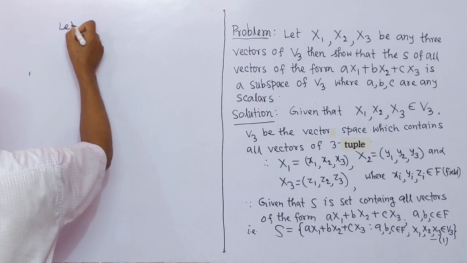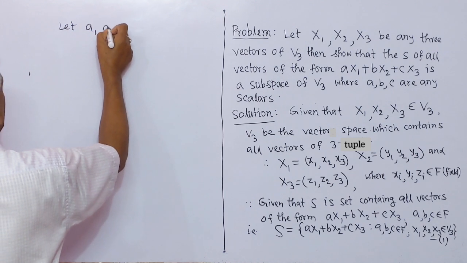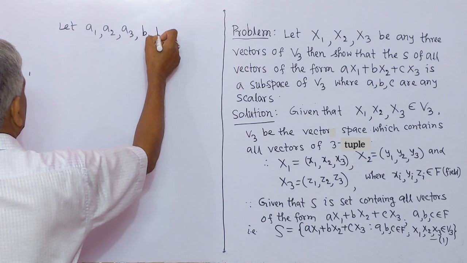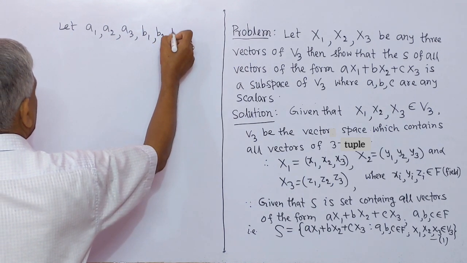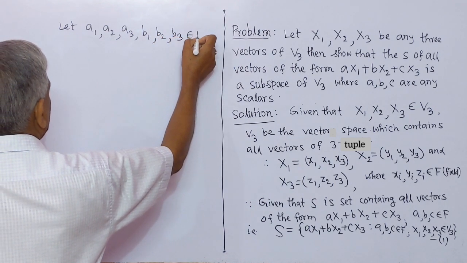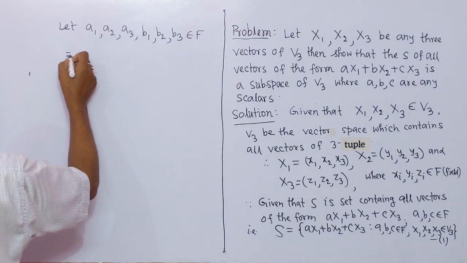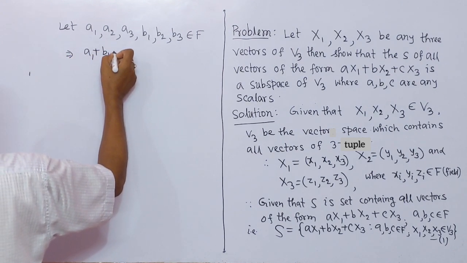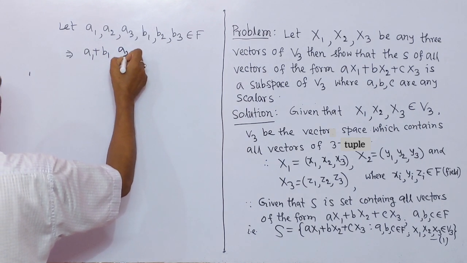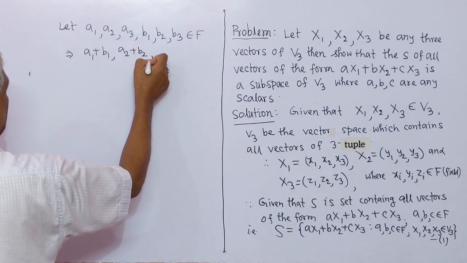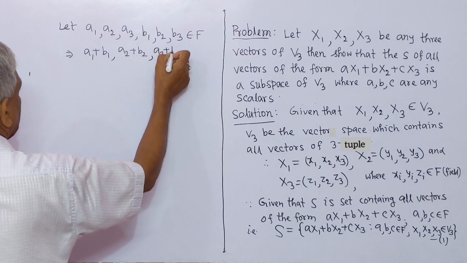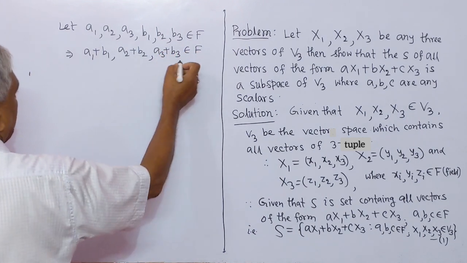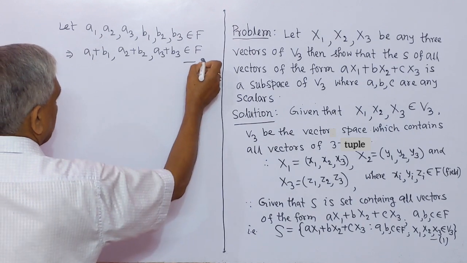Let A1, A2, A3, B1, B2, B3 belong to F, implies that A1 plus B1, A2 plus B2, A3 plus B3 belong to F. Let this be number 2.